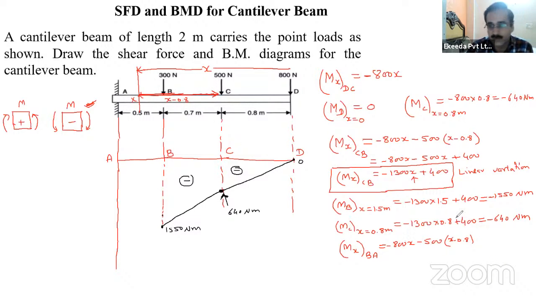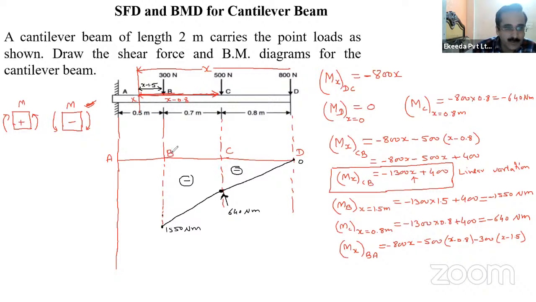And then the moment of 300. So this is minus 300 into x minus 1.5. This distance. Moment of 300, it is x minus 1.5, right? So this is how the bending moment is obtained.